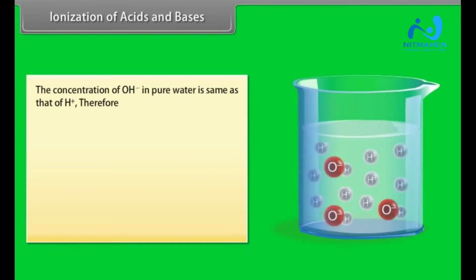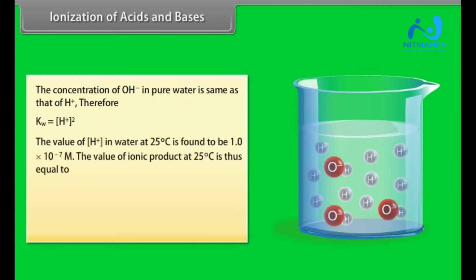The concentration of OH- in pure water is same as that of H+. Therefore, Kw is equal to H+ squared. The value of H+ in water at 25 degrees Celsius is found to be 1.0 times 10 raised to the power minus 7 M. The value of ionic product at 25 degrees Celsius is thus equal to 10 raised to the power minus 14 M squared.